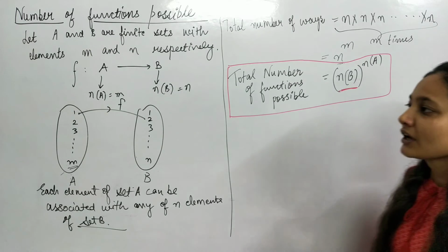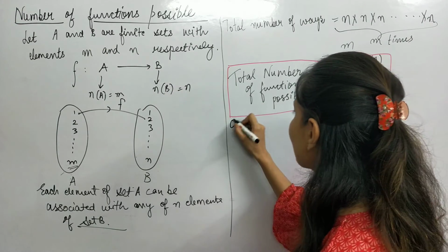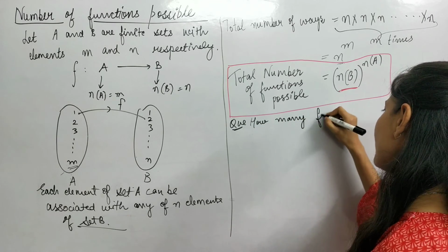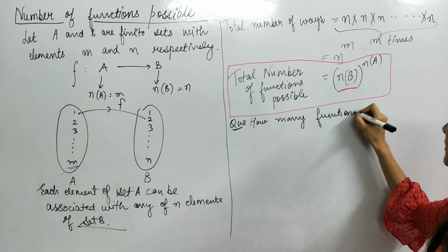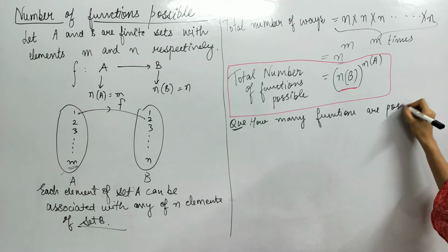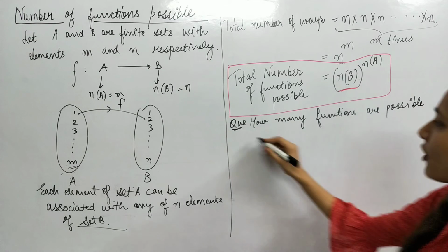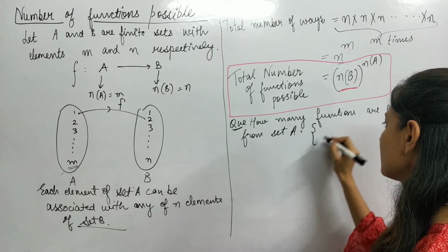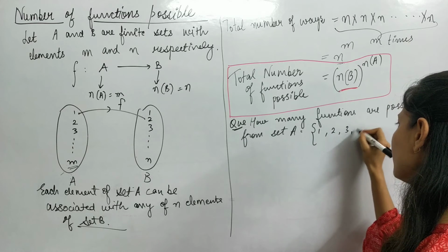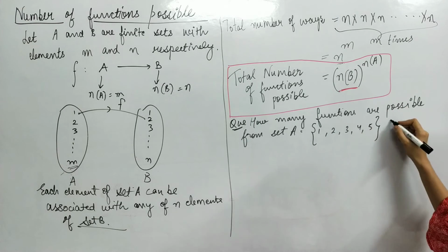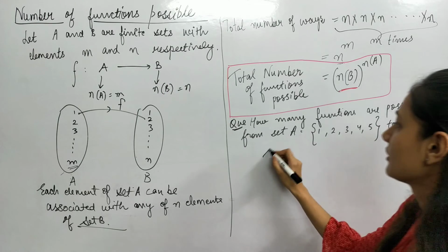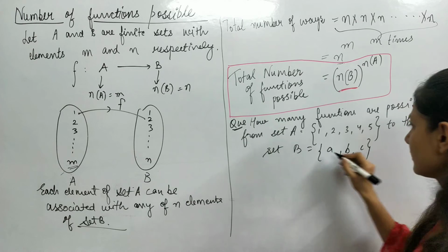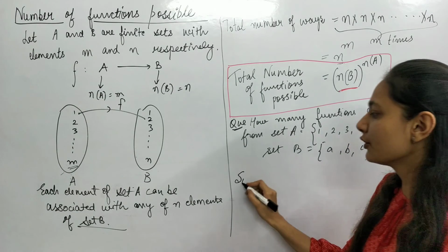Okay. Now let us see one question. Suppose how many functions are possible from set A, where A has 1, 2, 3, 4, 5, to the set B, where B is a, b and c? So how will you do this?